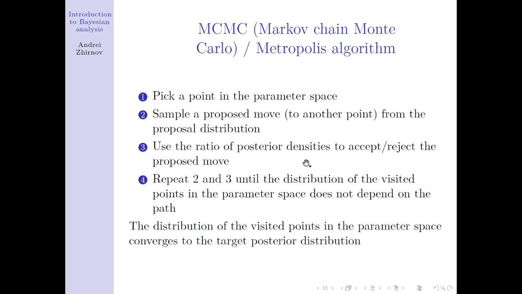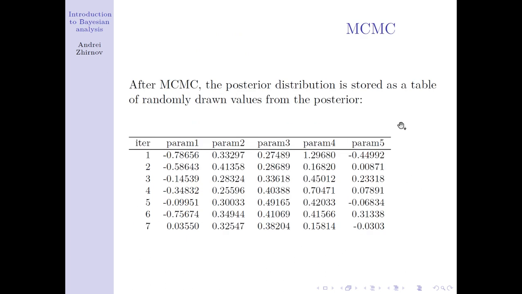The outcome of running MCMC can be summarized using a table that contains a list of randomly drawn values from the posterior distribution. Here on the screen you can see the first 7 rows from a hypothetical table with the randomly drawn values from the posterior. Typically this table would have many more observations and a larger number of parameters.